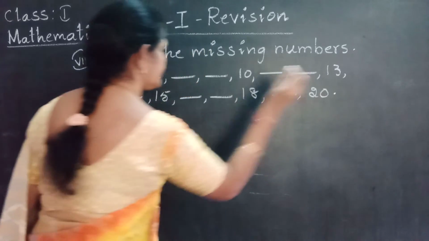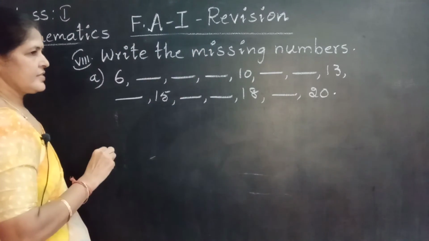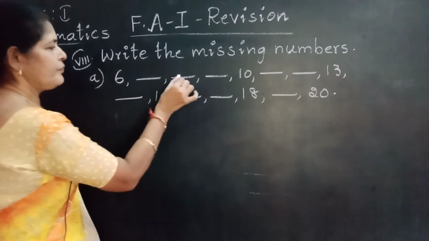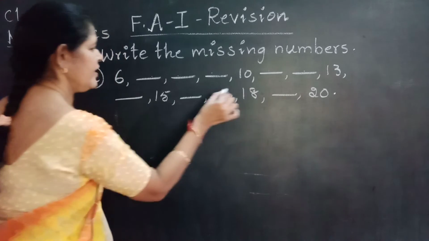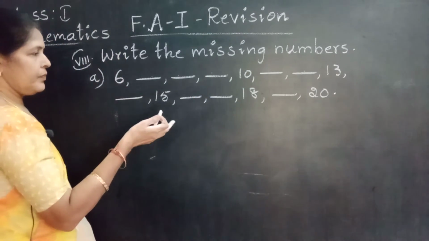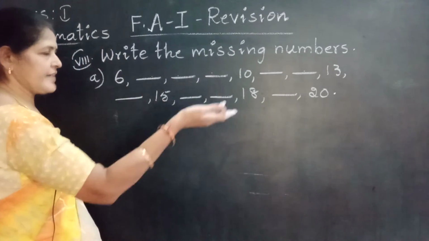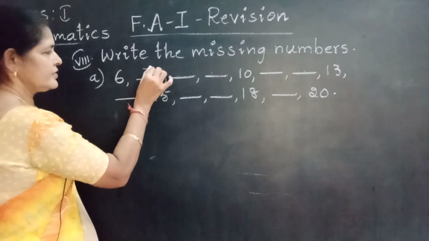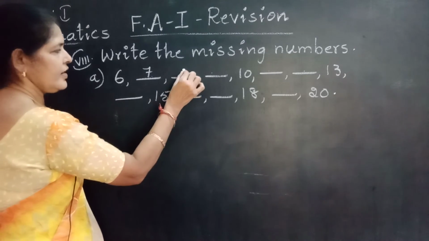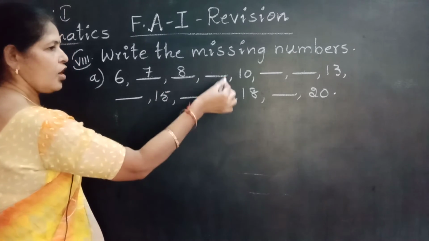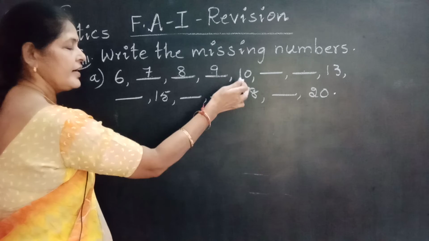Here I am going to leave some numbers missing. Okay, you have to fill up these blanks. Write the numbers. What comes next? 6, after it 7, after 7 comes 8, after 8 comes 9, 10 is here.